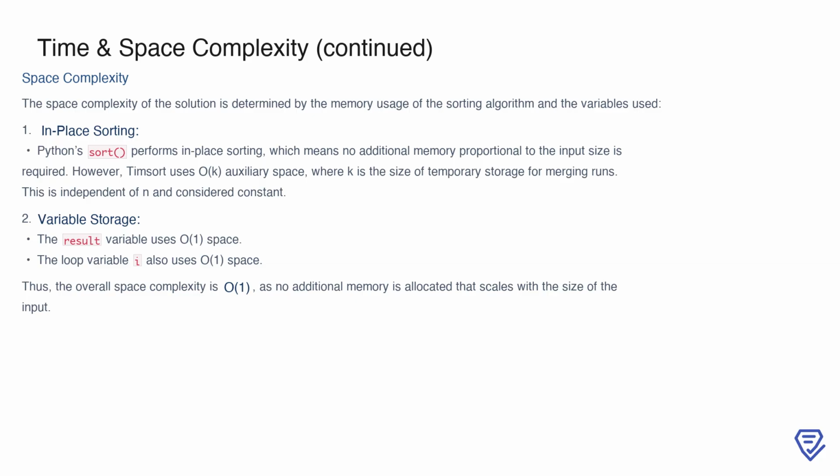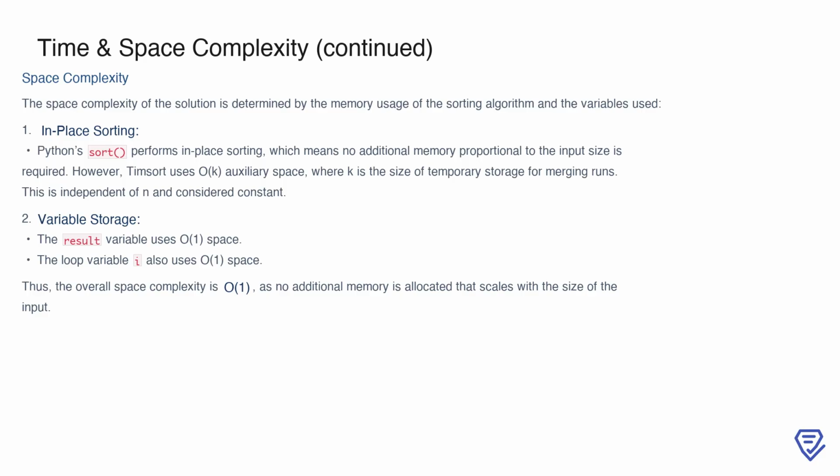Now let's discuss the space complexity of the solution. The primary factor here is the memory usage of the sorting operation and the variables involved in the algorithm. Python's sort function performs in-place sorting, meaning it doesn't require additional memory proportional to the input size. However, timsort, which is used internally, does require a small, fixed amount of auxiliary space, denoted as k, where k is the size of temporary storage for merging runs.